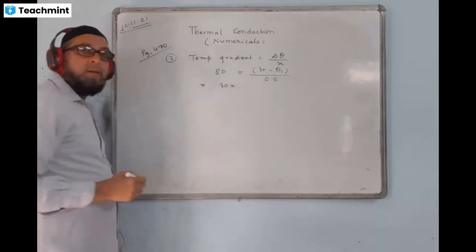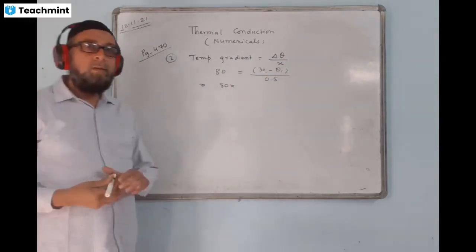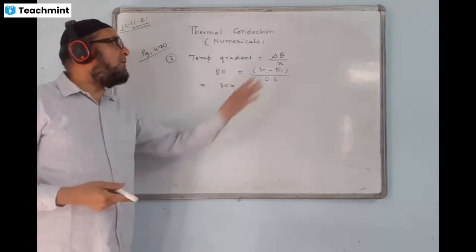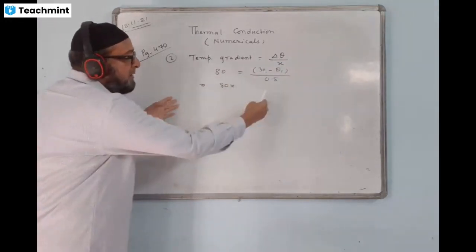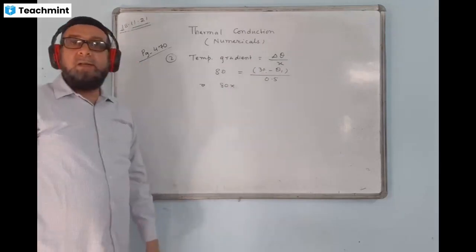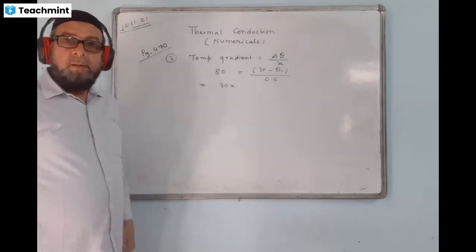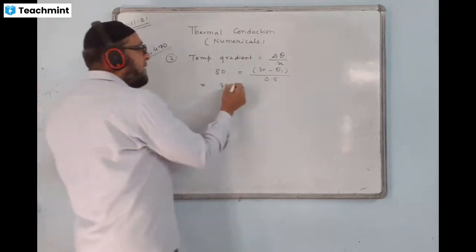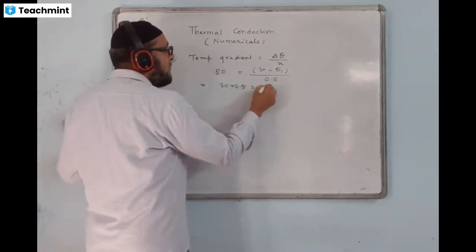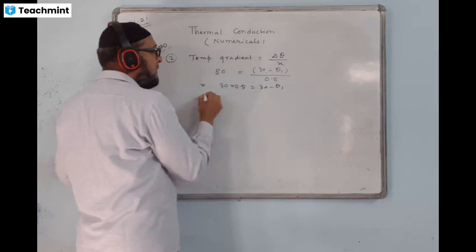Sir, that 0.5 is the length of the rod, no, sir? Length of the rod, this way the gap or the thickness where the heat is conducting, that length is same only, so X and L is same thing. Yes, sir. Okay. So we'll do cross multiply 80 into 0.5 is equal to 30 minus theta 1.